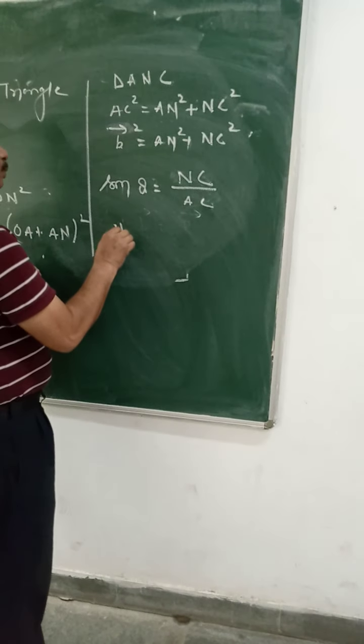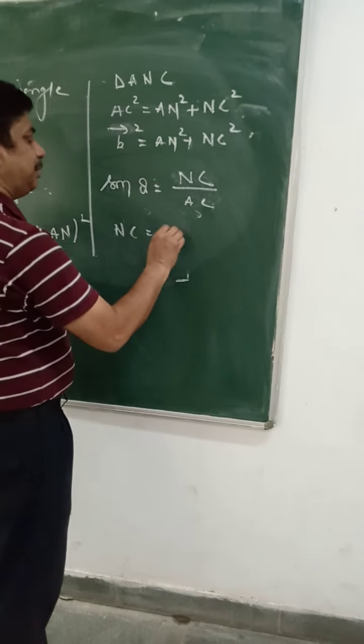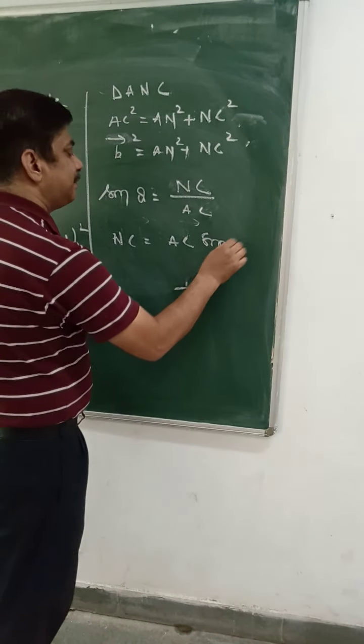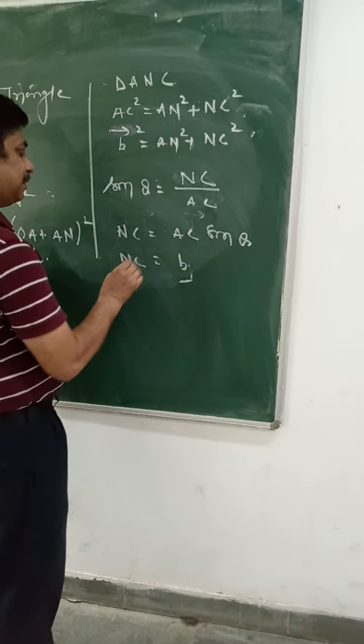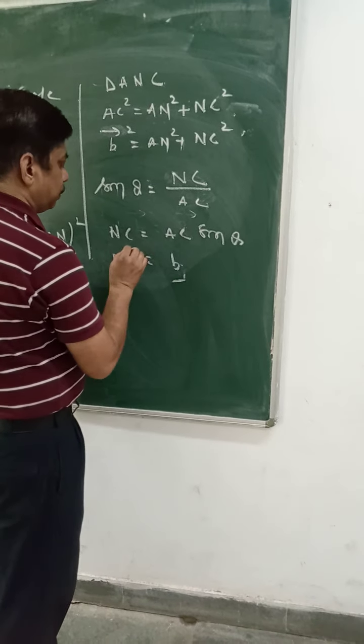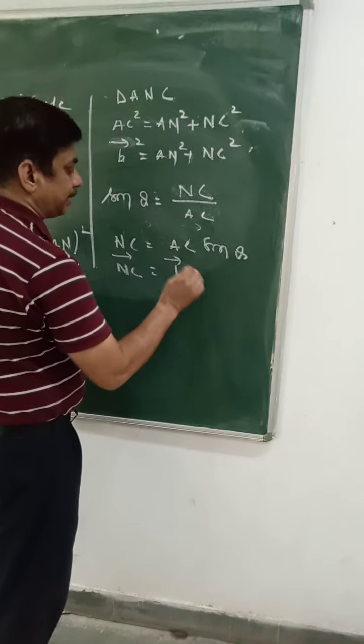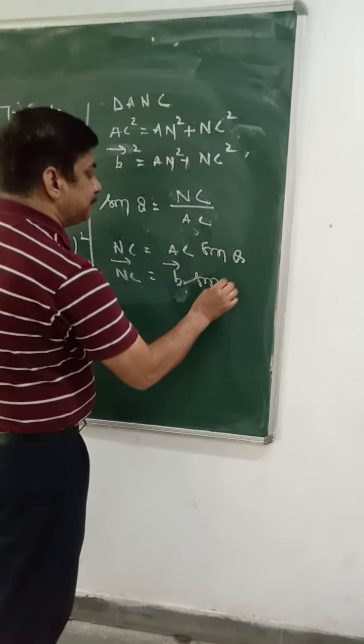If I want to calculate NC, it can be written as AC sine theta, simple transposing. So vector NC is equal to vector B sine theta.